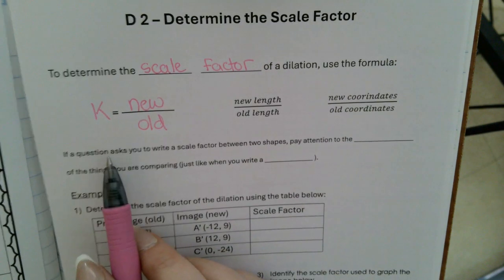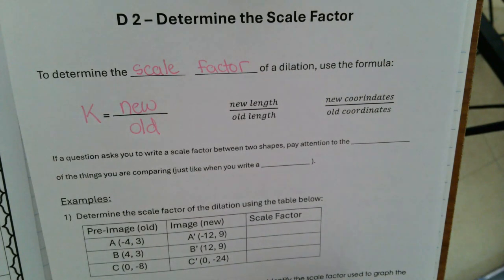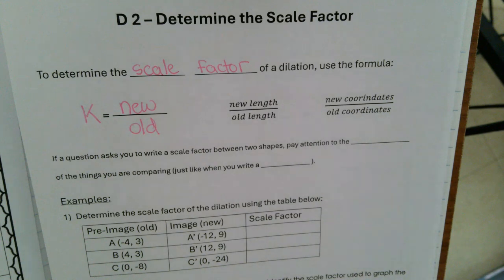If a question asks you to write the scale factor between the two shapes, but it doesn't say A and A prime, B and B prime, kind of along the lines of a word problem again, it might tell you how long one of the sides is of whatever shape you're dealing with, and how long it is between the two shapes. For instance, on a map and in real life, or a model and the actual size of something.